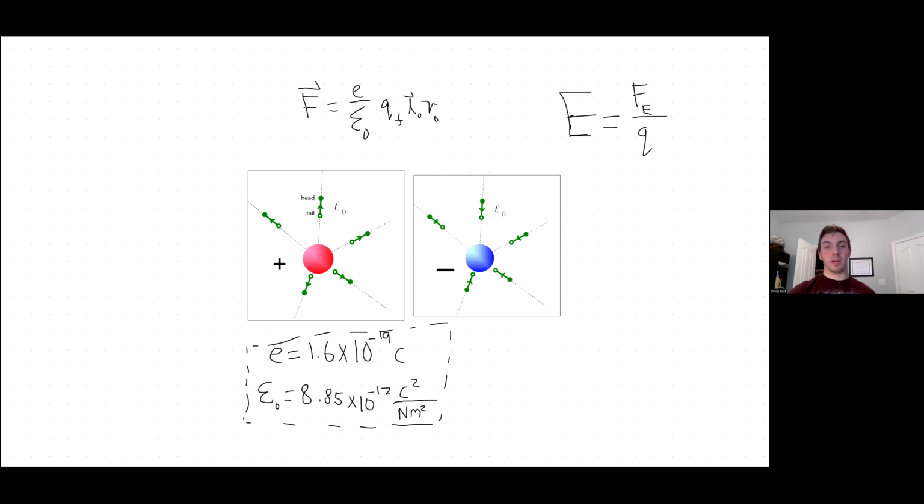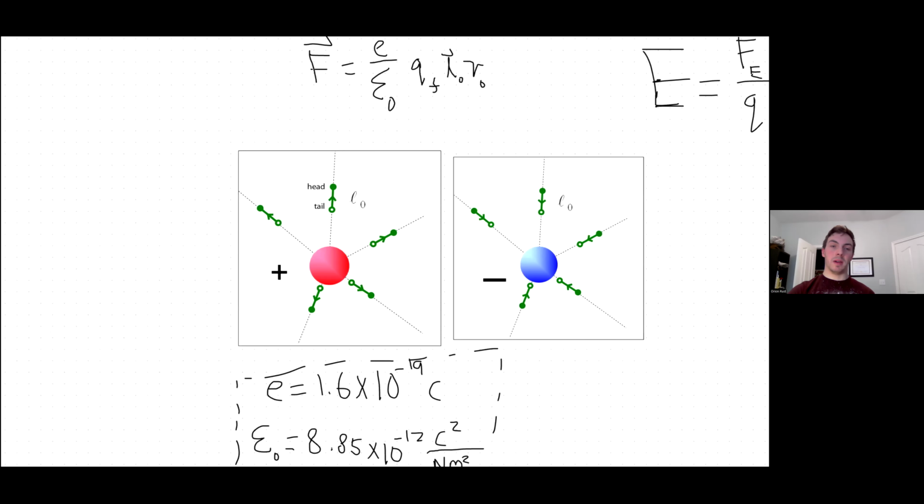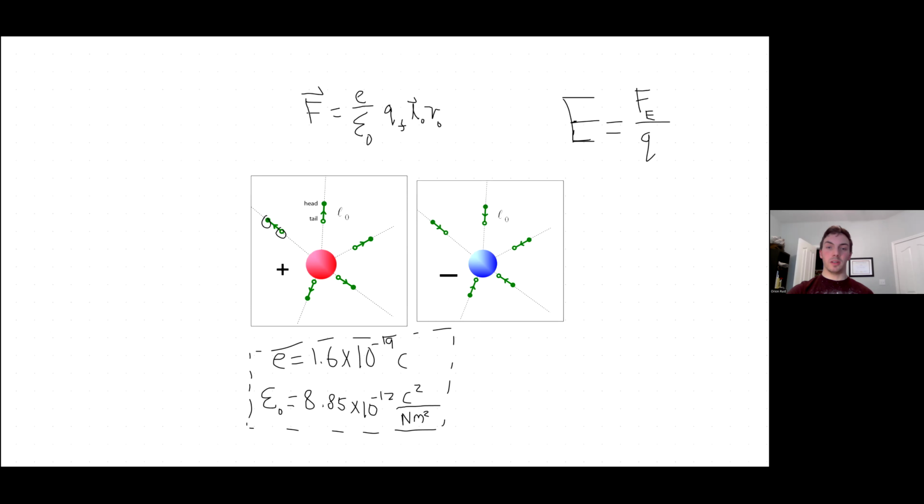And right here on this model, we can see that we have a head represented by a solid dot and a tail represented by a hollow dot. And the arrow shows the direction of the threads. Each thread will travel along this dotted line. With positive charges, it travels away from the charge, and with negative charges, it travels towards the charge. And each thread is a certain thread length, L naught.